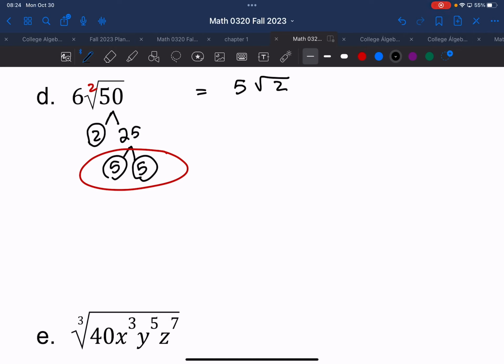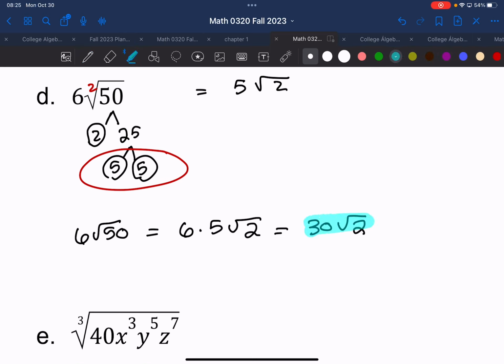Okay. However, we had a 6 also on the outside. So what do you think we're going to do with this 6 and the 5? Multiply. So 6 times 5 is 30. So that 6 square roots of 50 is the same as saying 6 times 5 square roots of 2, which is 30 square roots of 2. This is our answer.